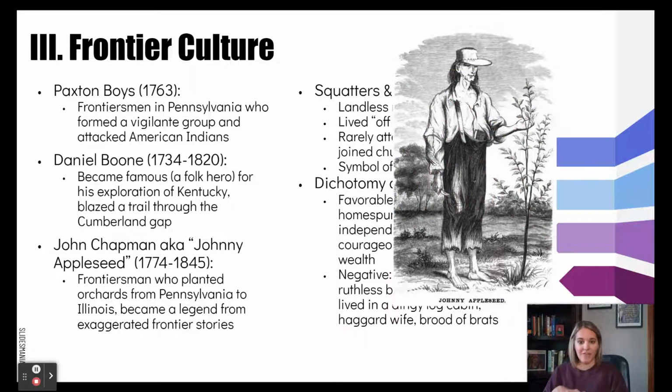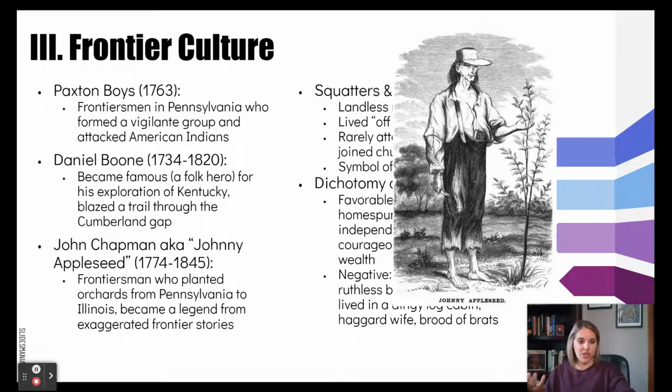Another person that you may have heard of is John Chapman, also known as Johnny Appleseed. He was a very eccentric person. He planted apple orchards throughout Pennsylvania, all the way through Illinois. And he was known for sleeping outside and having an interesting relationship with animals, sleeping with them. There are all these legendary stories about him that made him as well into a folk hero.